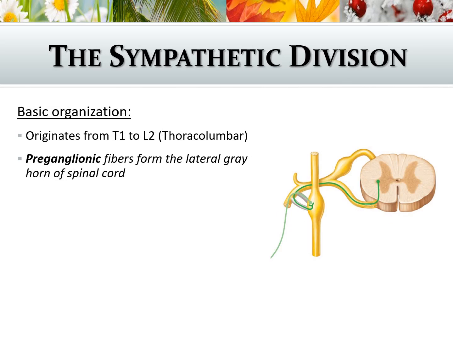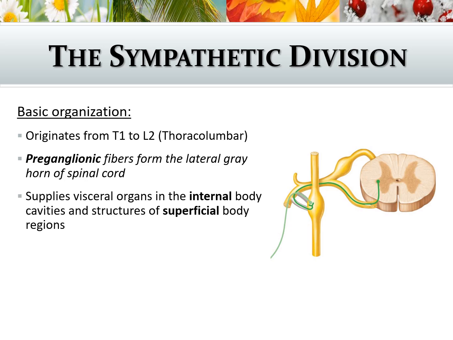So now let's talk about the sympathetic division. We call this division the thoracolumbar division as well, because all those preganglionic fibers are going to be coming from the thoracic region and the proximal lumbar region of the spinal cord. These preganglionic fibers come from the lateral gray horn of the spinal cord.